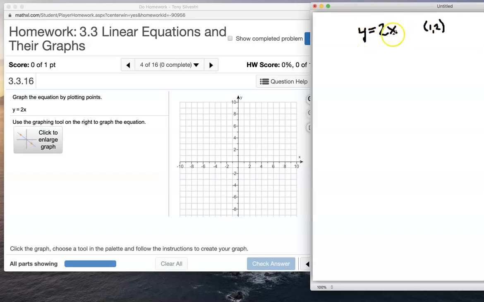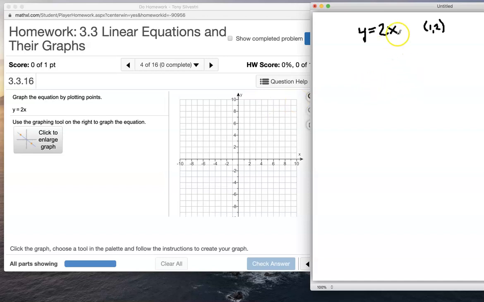The only thing that makes it true is if x is 1, then you have 2 times 1, and if y is 2, then 2 equals 2 works. Now, to graph, all you need to do is pick a value for x and calculate the y, and all you need are 2 points. You don't have to do any more than 2.